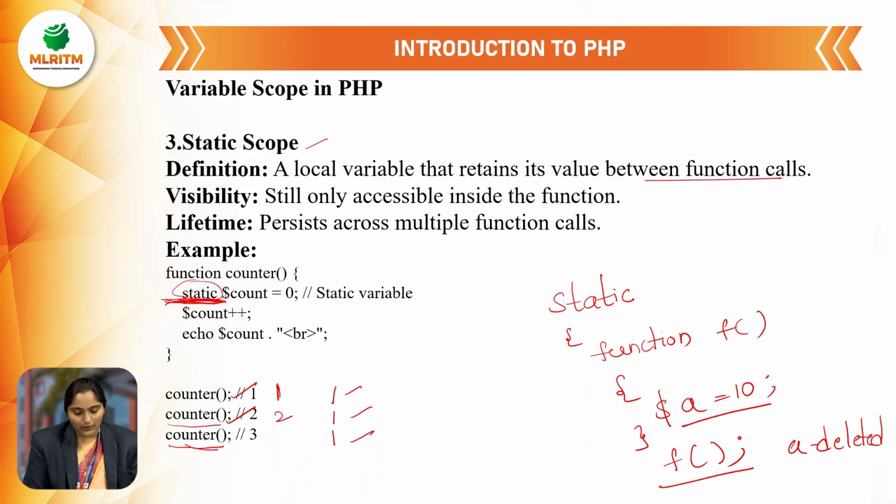And when you call the counter function the next time, it will save this value, because the static keyword is here, and it will increment this value by 1. So the value is 3. So this is the difference between static and without static. Without static, you get all ones as output, and with static, you will get 1, 2, 3 as output. This is the static scope.